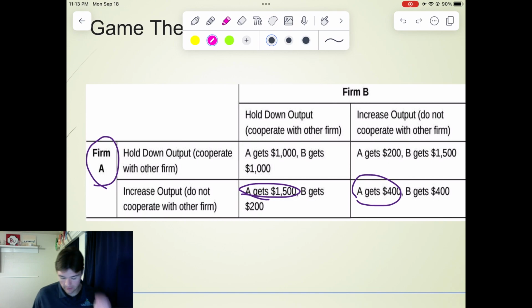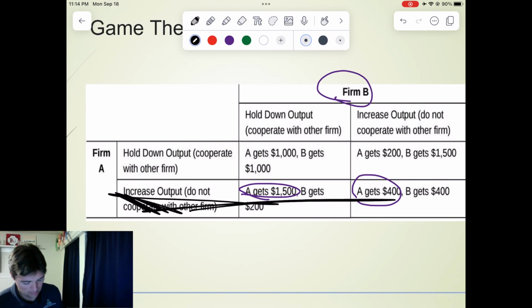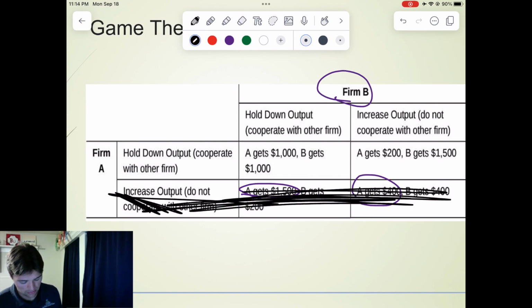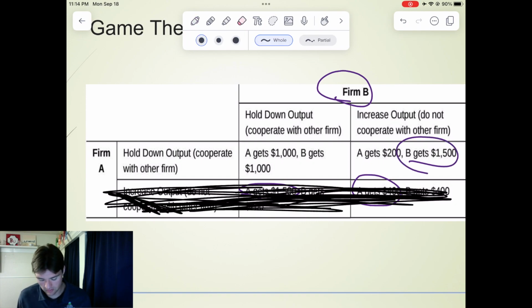What about firm B? Okay, if firm B was over here, and we said firm A were to hold down output. So we're going to block off increase output. Okay, and we're going to see what happens now. What does B do? Does B get $1,000 or $1,500? B is going to get $1,500.